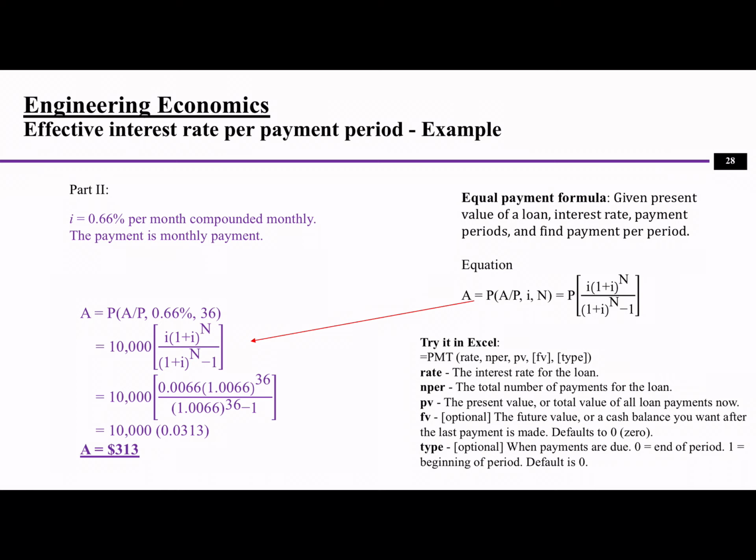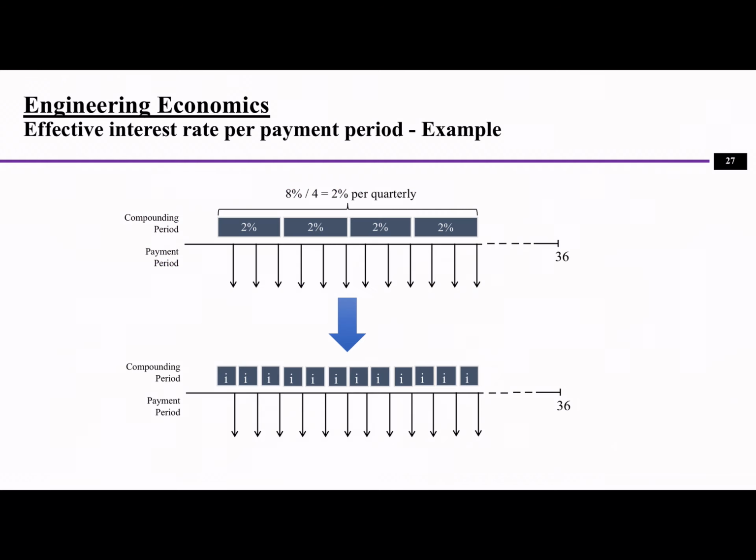All right, so the second part is to calculate what is the monthly payment. In this case, we first need to look at one equation from present value. How do we calculate the monthly value or equal payment value? So we use A to denote the equal payment value, right?